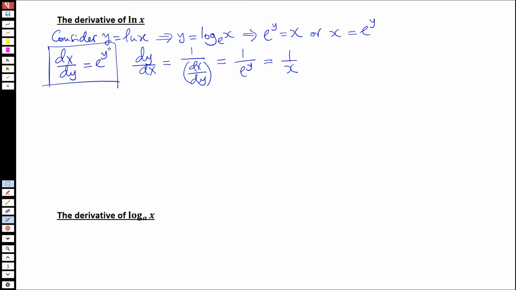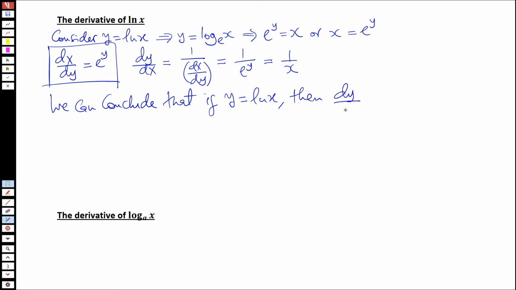So we can conclude that if y is equal to ln of x, then dy over dx will be equal to 1 over x. Basically, if you have a natural logarithm, y equals ln of x, then the derivative of that natural logarithm will just be 1 over x.